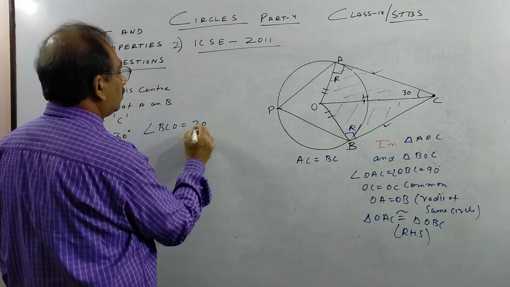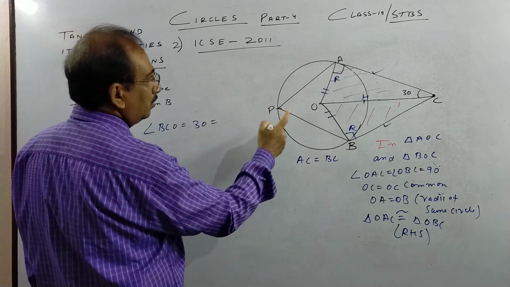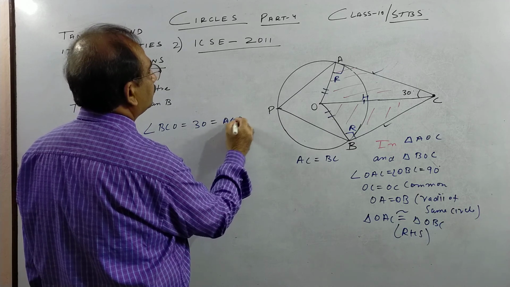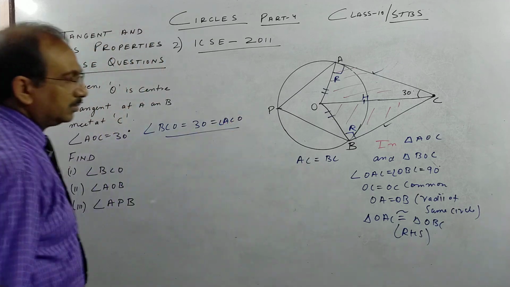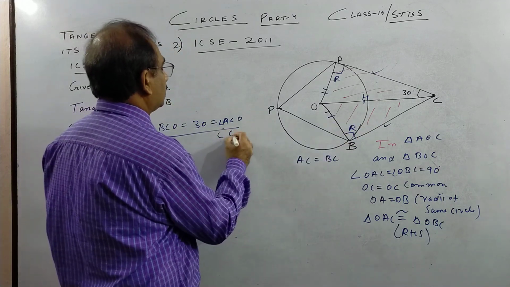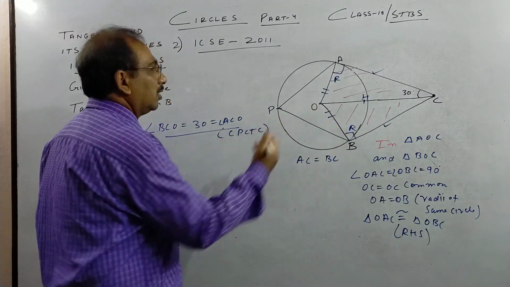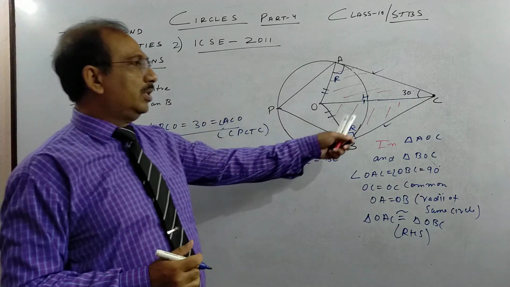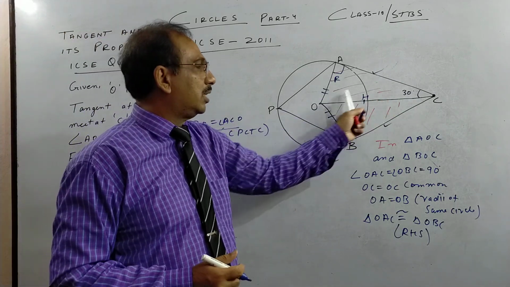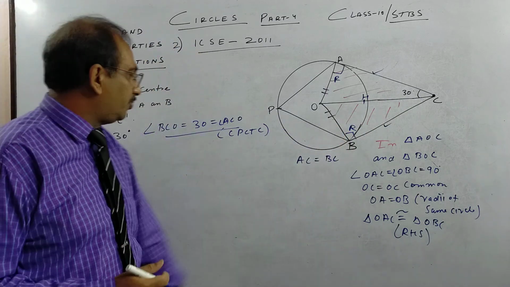You can write BCO is equal to ACO. Okay, this is the reason: both the triangles are congruent, CPCTC. Or you can write that theorem: whenever from an external point two tangents are drawn, they are equal, and these two angles are equal.